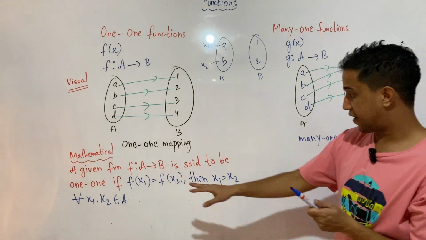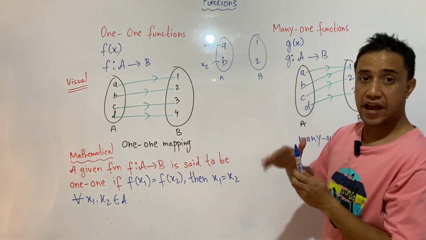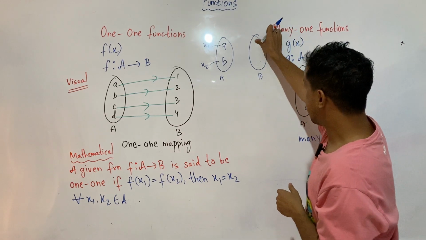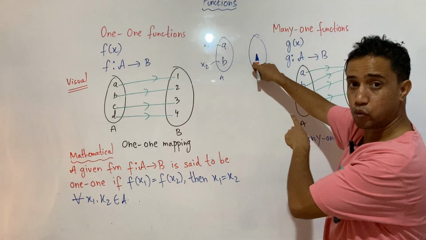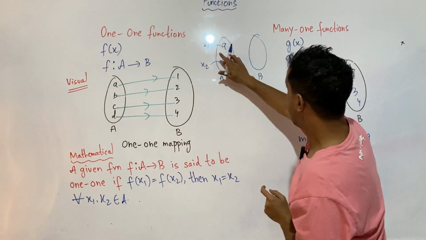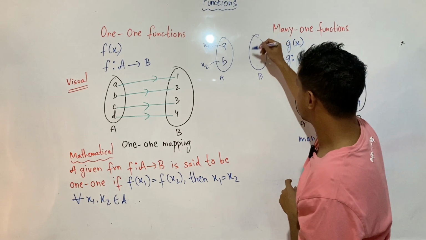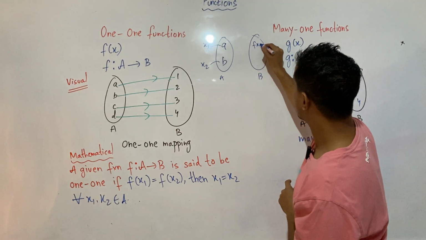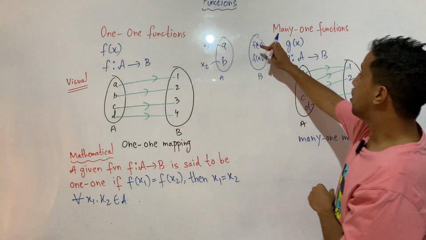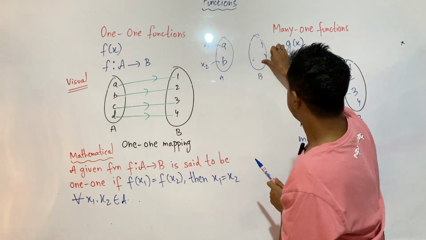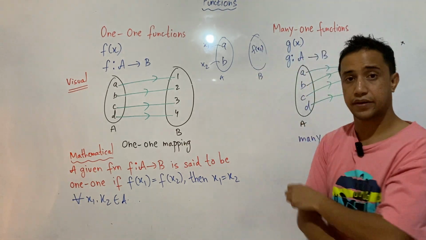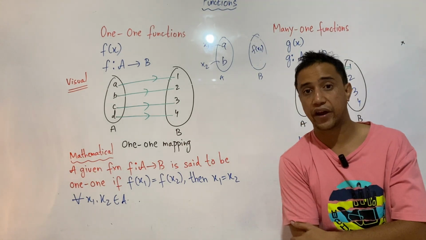It means that here in the image we are going to have just one element, right? See here, this is your f(x1) and this is your f(x2). If both are equal, then it means that it's going to be just one element, f(x1), right?